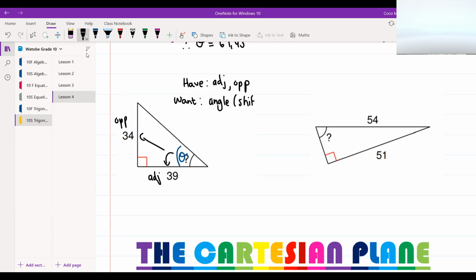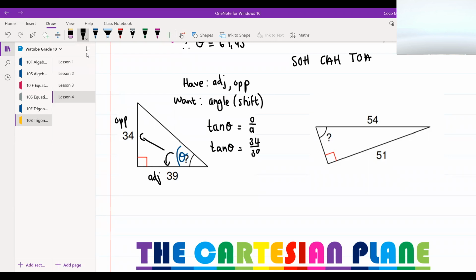Between soh, cah, and toa, which one uses opposite and adjacent? Toa, ma'am. And what does the T in toa stand for? Tan. Good. So tan of theta is equal to opposite over adjacent. Give it to me in numbers, Amy. Tan of theta is equal to 34 over 39.